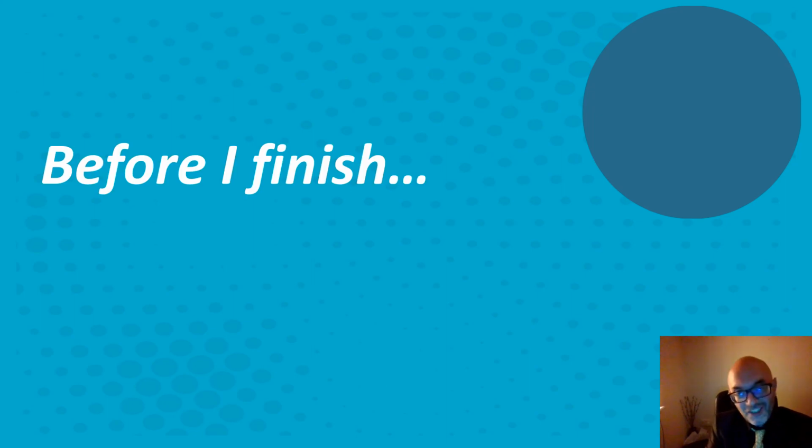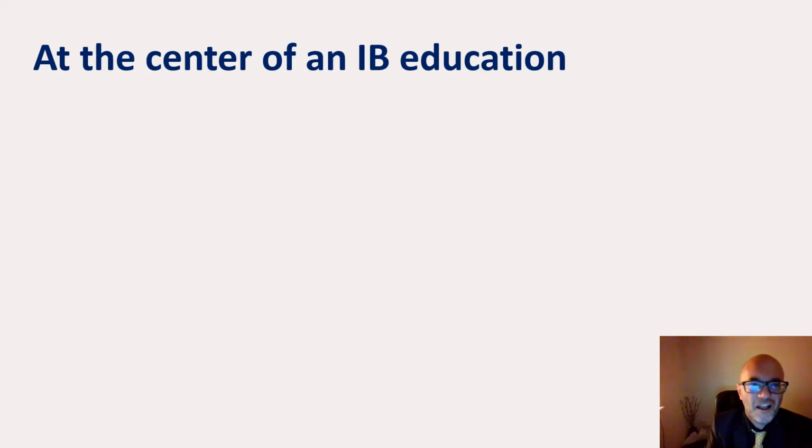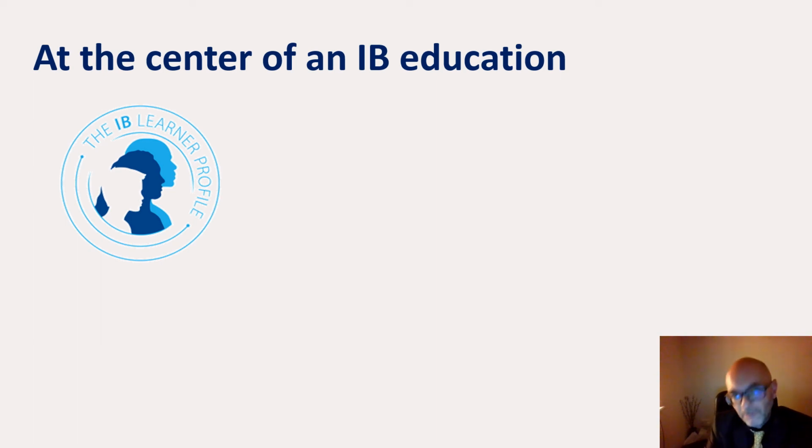And before I finish, I would like to emphasize 2 other points, very IB. What do we have at the core of an IB education? We have the learner profile. Its 10 attributes, starting with inquirer, which is very hard to pronounce for a Frenchman.